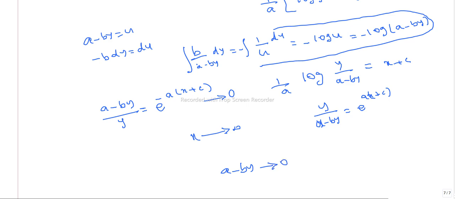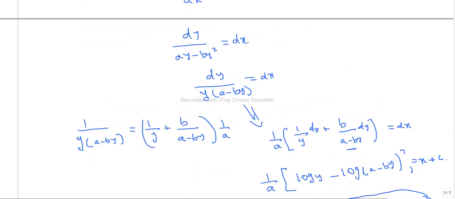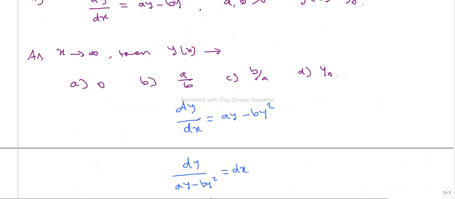So from this we can conclude that y should go to what? a by b. Sorry, yeah, a by b. If we substitute y equal to a by b, then only we can get 0, right? Therefore y approaches a by b. Okay, so as x goes to infinity, the solution goes to a by b.